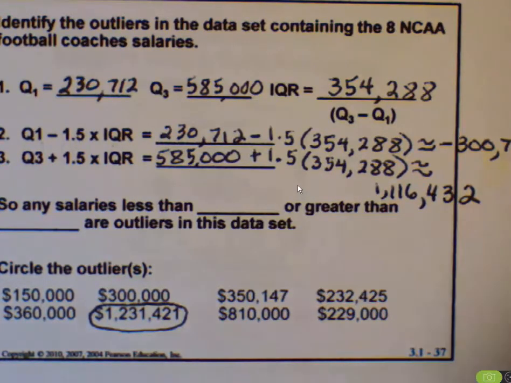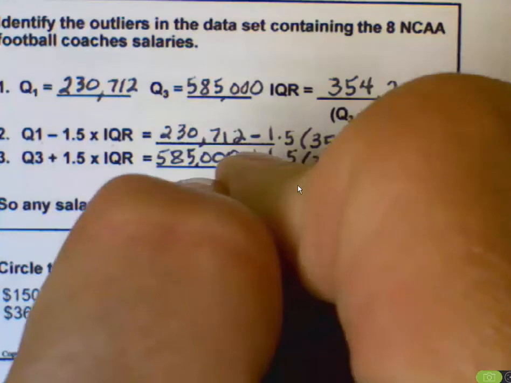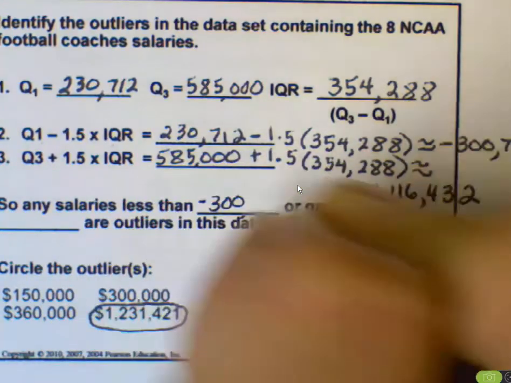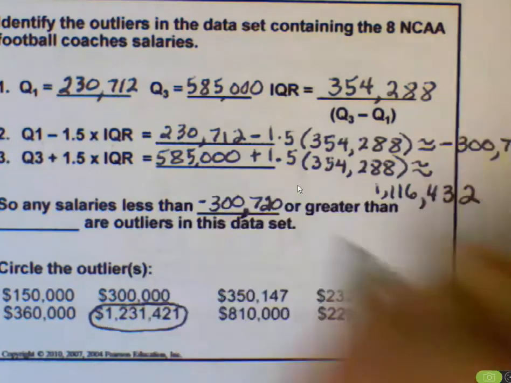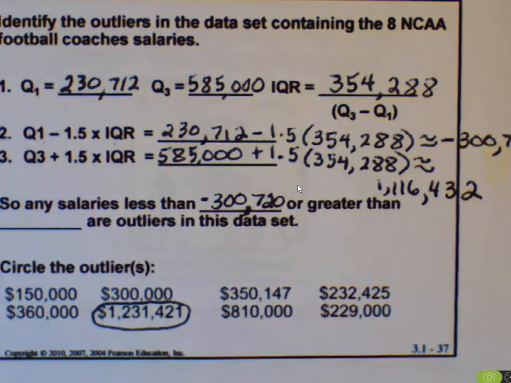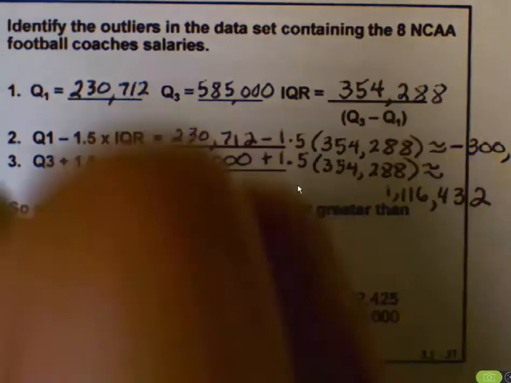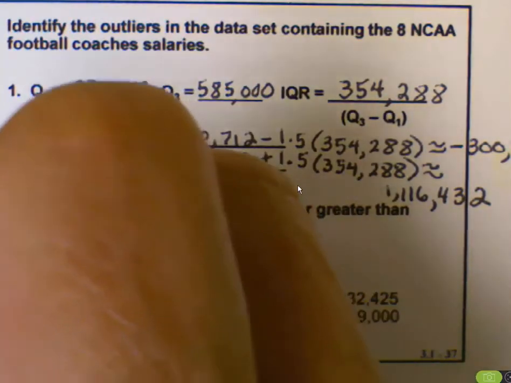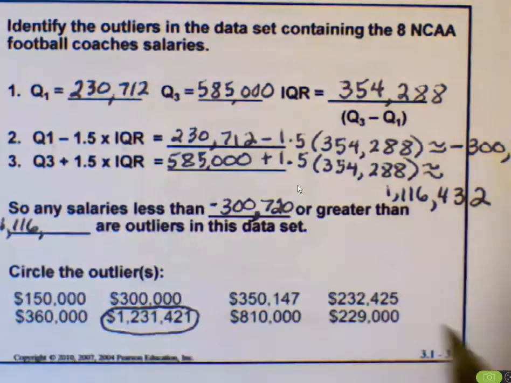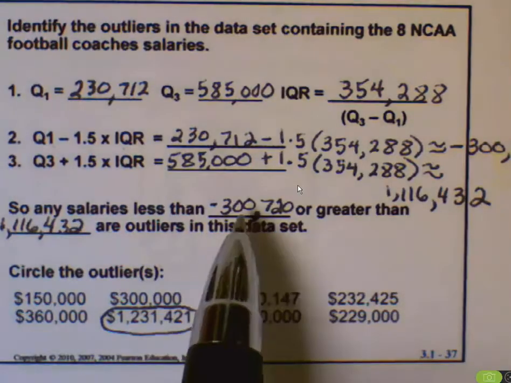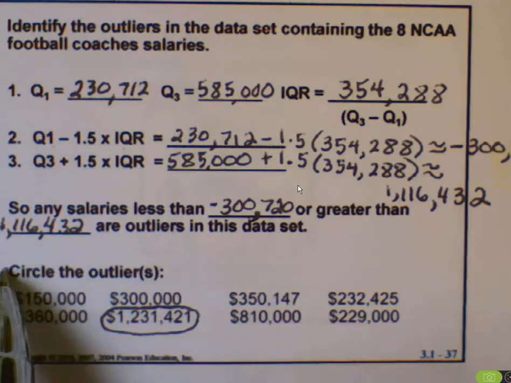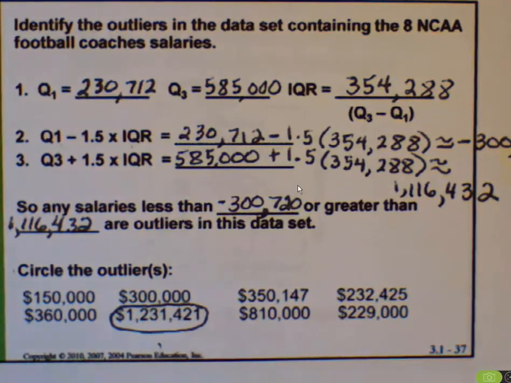So any salaries less than negative $300,720, and we already said there weren't any, or greater than $1,116,432, anything outside this range would be an outlier, and there's only one.